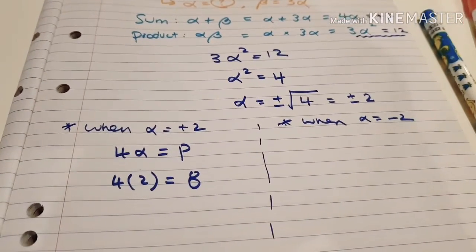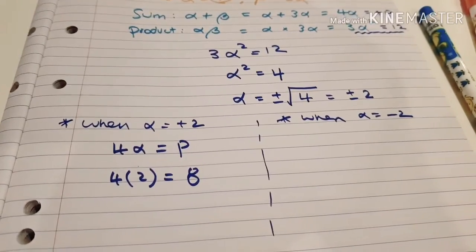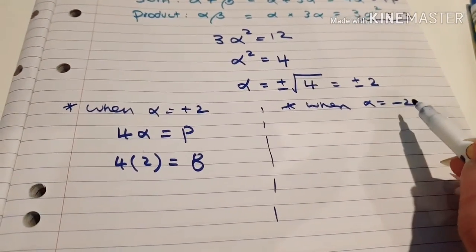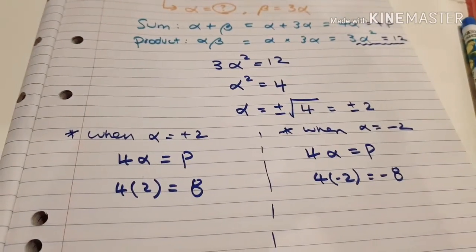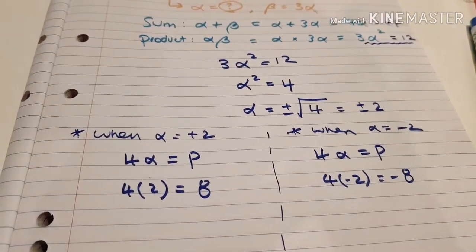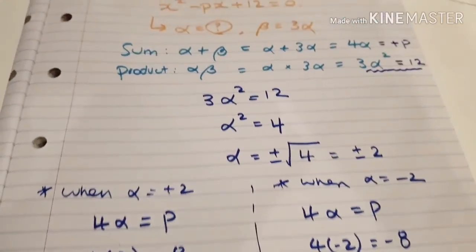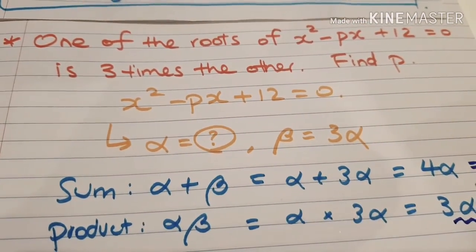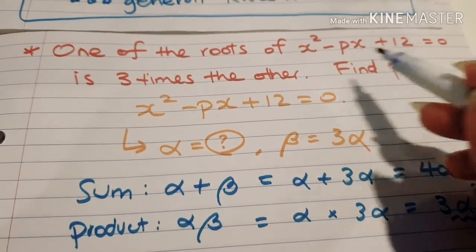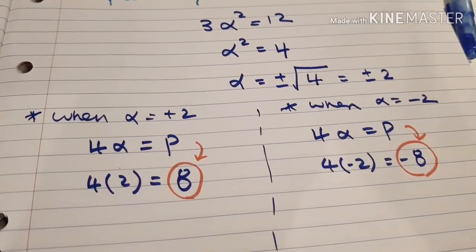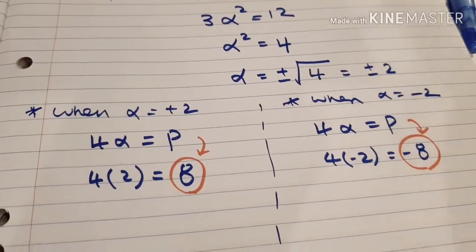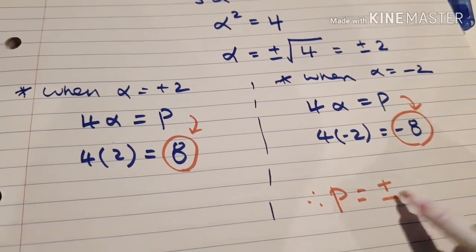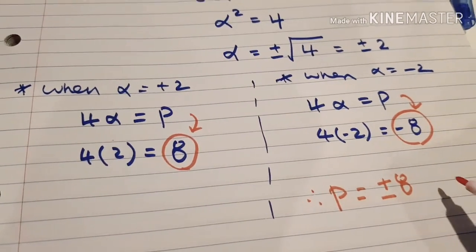So therefore, my p will be positive 8, whereas if the alpha is negative 2, p will be negative 8. Okay, you see that? So if we go up to re-look at the question, it says find the value of p. Here we found the value of p, which would be both plus and minus 8.